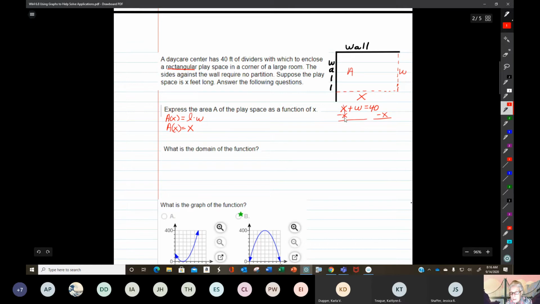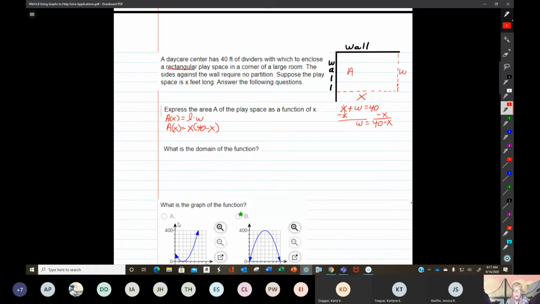X minus X is 0, plus W, I'll be left with a positive W equals 40 minus X. So I will have X times 40 minus X. Now you're given 4 possible answers to choose from again, only this time they leave them in factored form. So you would choose X times 40 minus X.